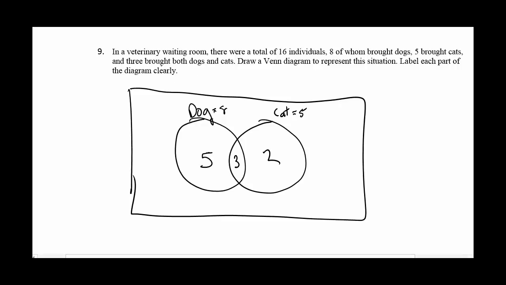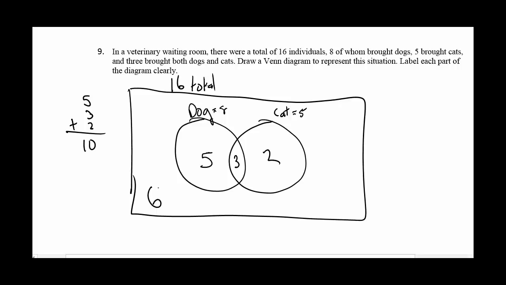Now we can actually go one more level on this, because I know that there are 16 total, and I've only accounted for 5, 3, and 2. So I only know about 10 people, which means there's 6 people that we haven't bothered to classify. So there's 6 people that don't have a dog or a cat. Okay.